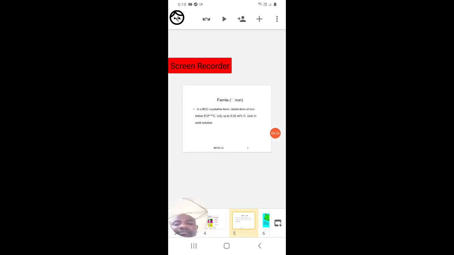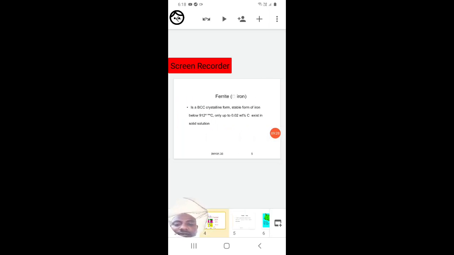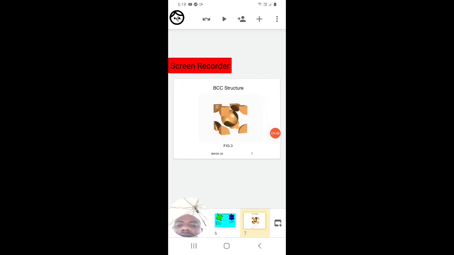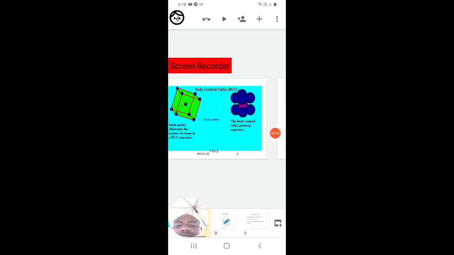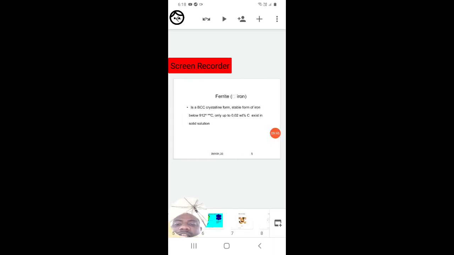In ferrite, different types of constituents occur. The first one is ferrite. Ferrite is in a BCC crystalline form.